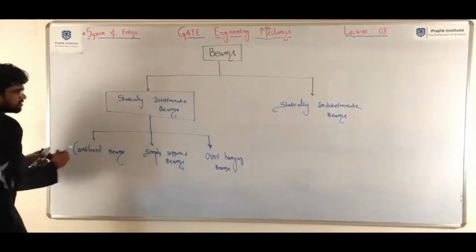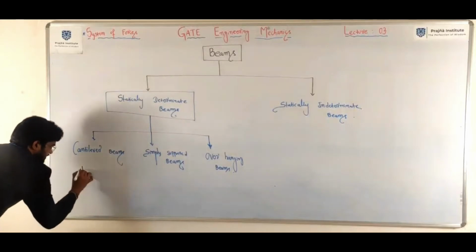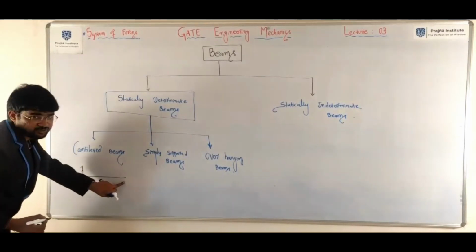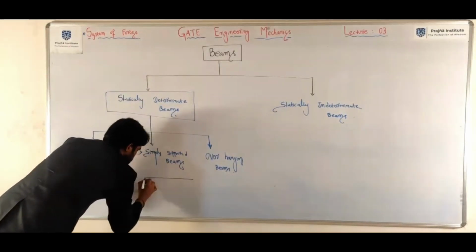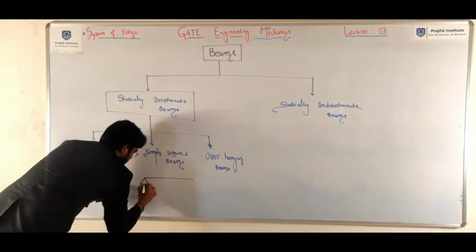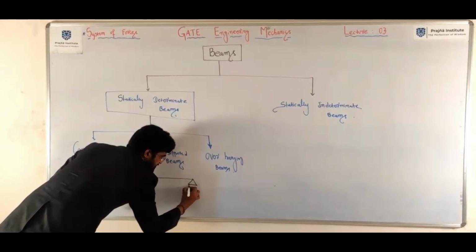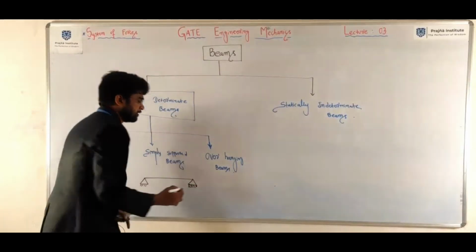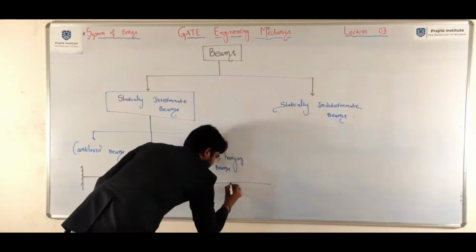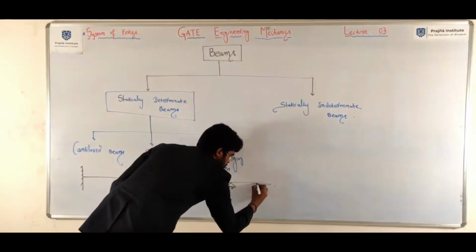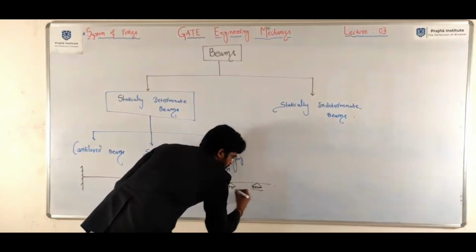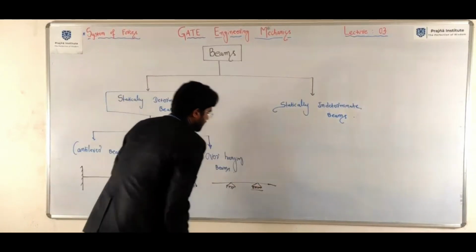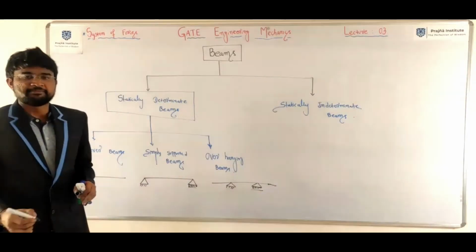As we know, these are very fundamental, right? Cantilever beam: one end is fixed, another end is free. Simply supported: a beam containing simply supported ends is called a simply supported beam. Overhanging: both side overhanging, single side overhanging, whatever the case. This is called overhanging beams.